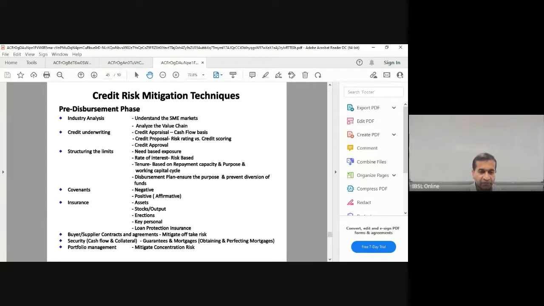And then the disbursement plan. You can't just overnight disburse a loan. The whole lot of money should not be disbursed at once. It should be split into some stages, and see what the contribution of the client is, whether the client is able to contribute to the project, so that it is a combination of bank and client. And also we don't give it at once, because we want to see the progress gradually.